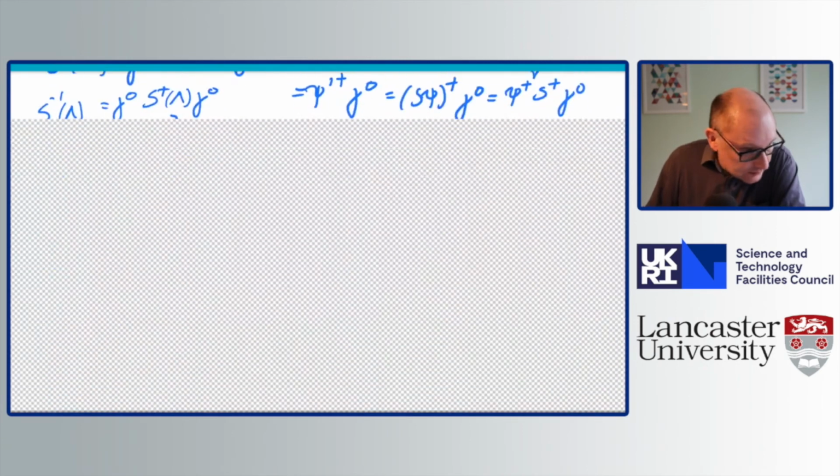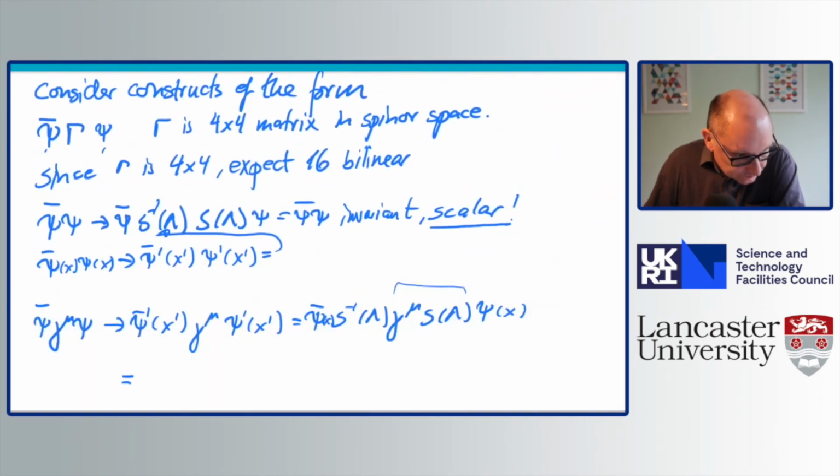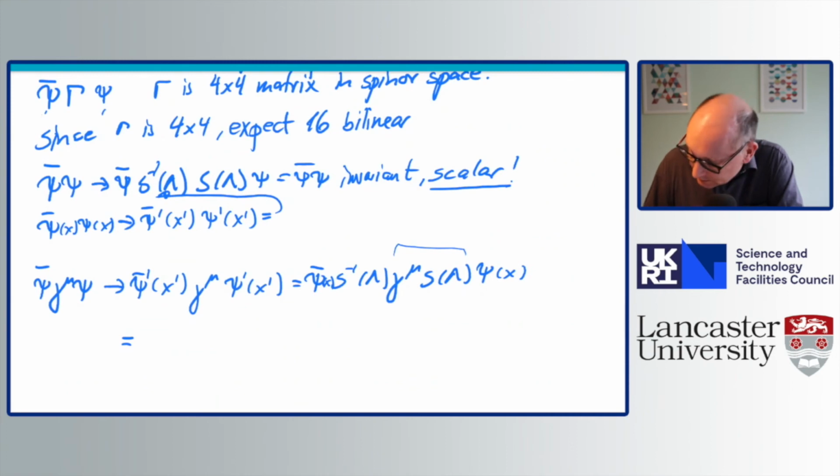So this is equal to ψ̄, the S will cancel with the S⁻¹, we get a γ^ρ, and we have a ψ.